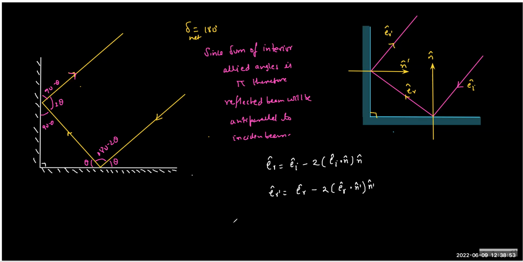So let's take the ER dash completely: it will be EI minus twice EI dot n cap, minus twice, dot n dash.